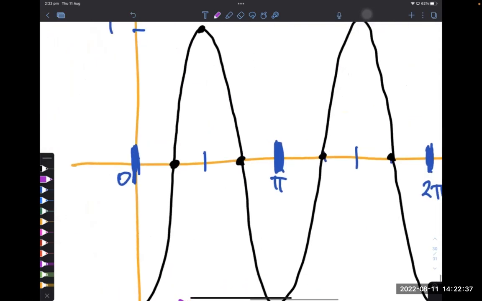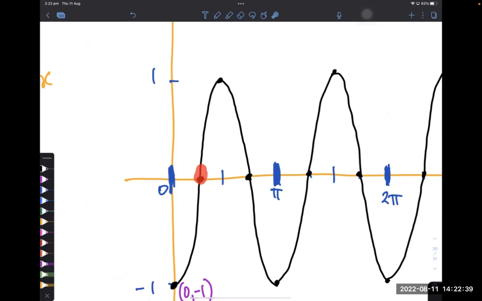How do I know what this is? Here's half of pi, and then halfway of that again is pi over 4. So pi over 4, comma 0. Then pi over 4, 2 pi over 4, 3 pi over 4.